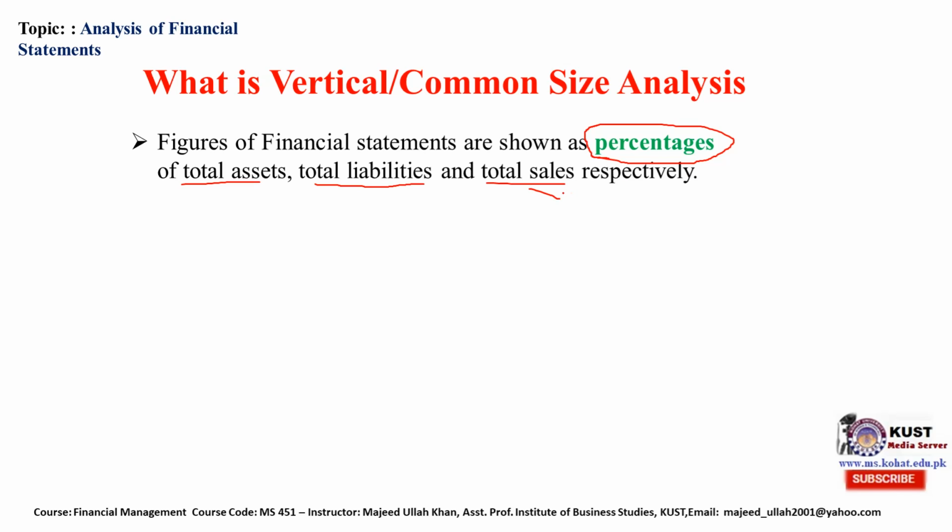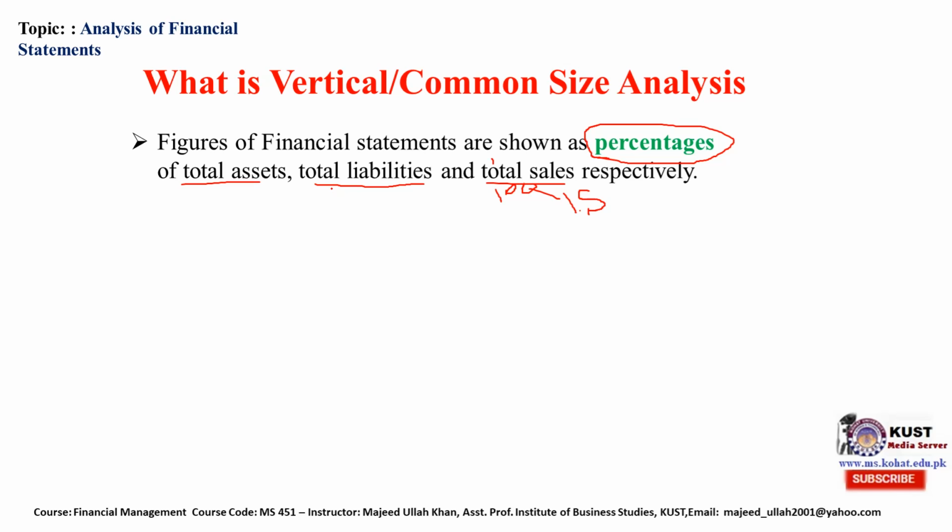So in case of the income statement, we will show each item or figure as a percentage of the total sales. We will consider total sales equal to 100%.